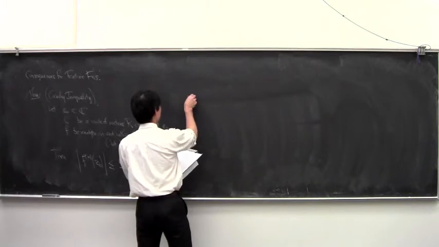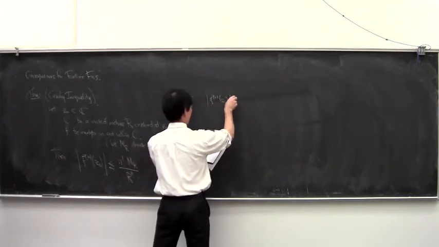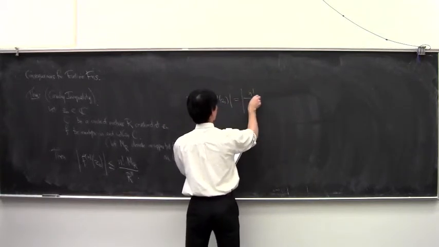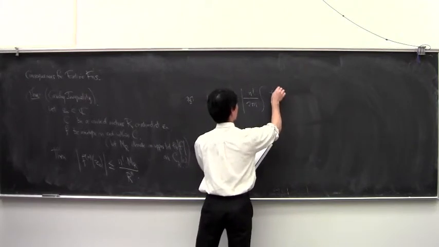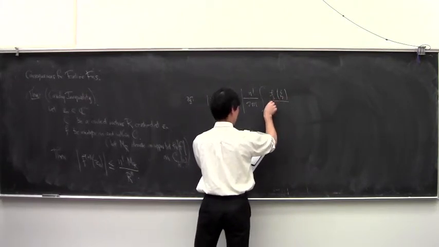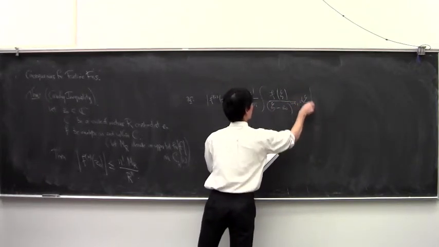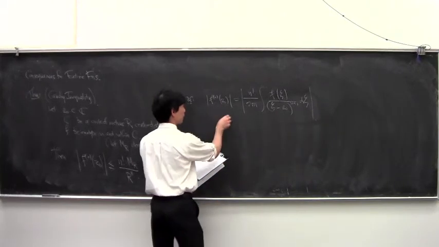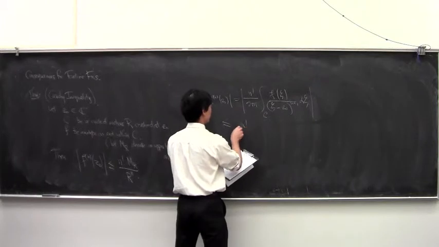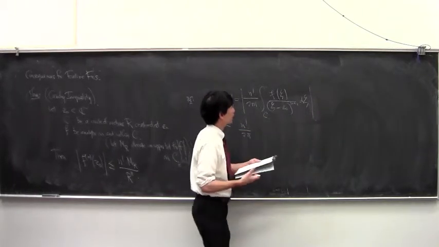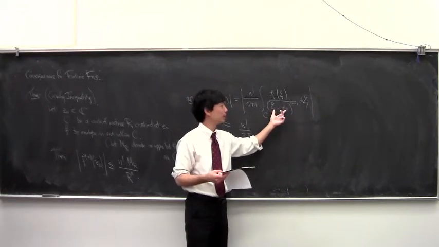In fact, it's a very trivial bound. f^(n)(z naught) equals n factorial over 2 pi i, the integral of f of zeta over zeta minus z naught to the n plus 1, d zeta, over C. So we get n factorial over 2 pi, and then we need a bound for this. Well, what's the size of zeta minus z naught?